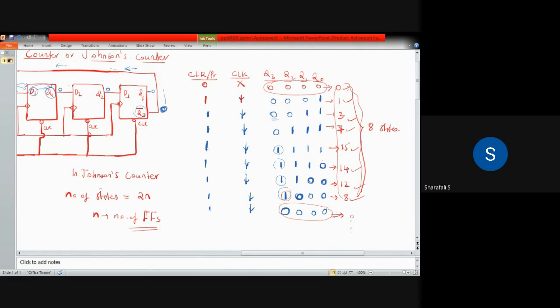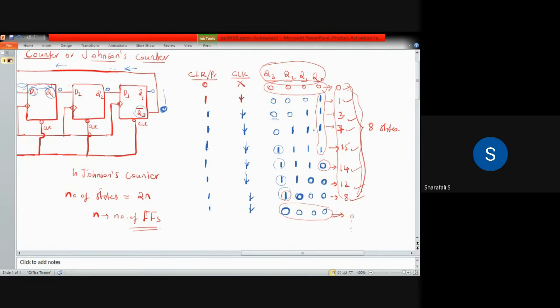Now you can plot this pulse diagram. I'm not going to draw it right now. You can draw it by yourself. You have to consider the clock pulse first, and make all the values initially 0: Q0, Q1, Q2, Q3, all are zeros. Then Q0 will be 1 for the next 4 clock pulses, and then it goes to 0 again.